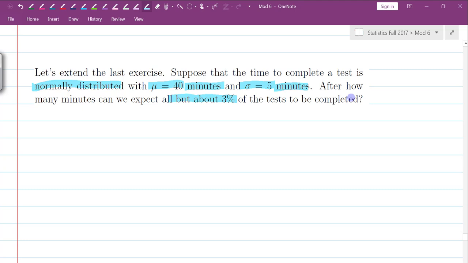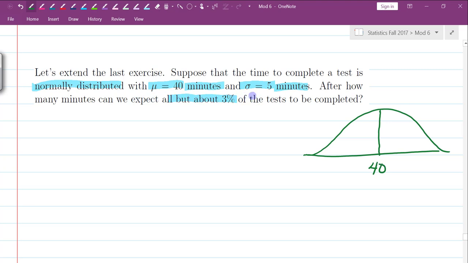So what we're saying is we have a distribution of test times. They're normally distributed. Mu is 40. And we want to know after how many minutes can we expect all but 3% of the test to be completed.